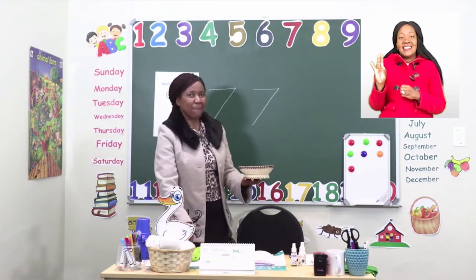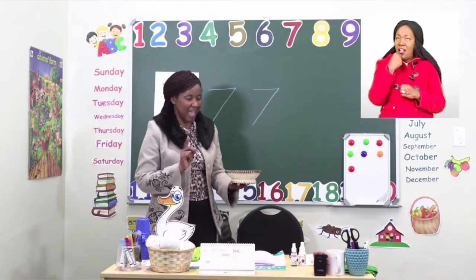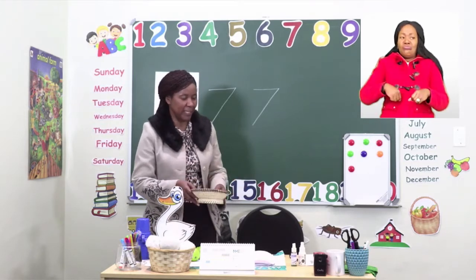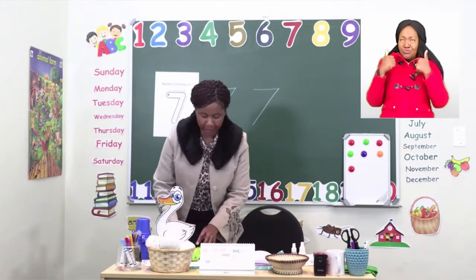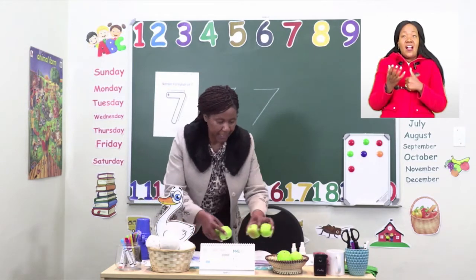So if you can have 1 apple a day, you will stay away from the doctor. Every day, take 1 apple, and that will be good for your health. So 7, that's how we count up to number 7.